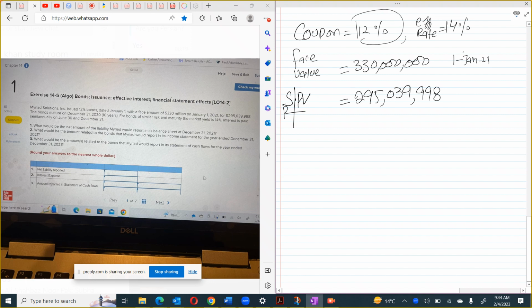Now, how will you calculate the table? I will only make a 1 year table, then the question is solved. All three questions will be solved in 1 year.